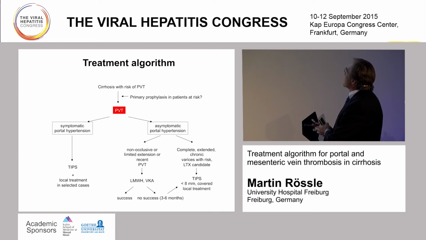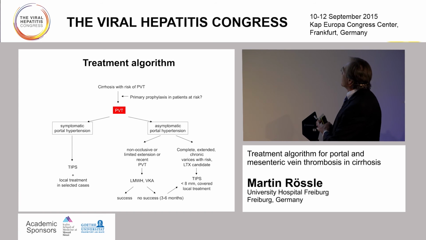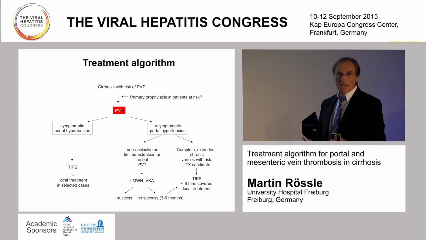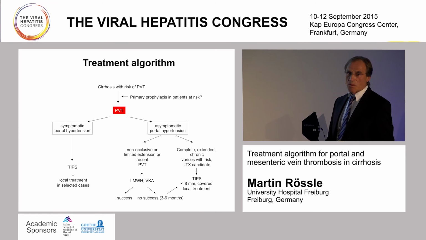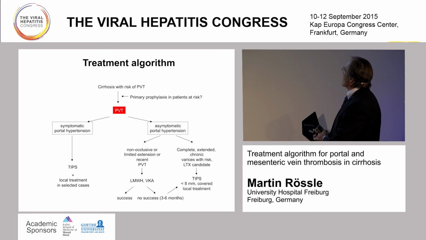If the thrombosis is complete, very extended, chronic, and there are varices at risk of bleeding, or the patient is an LTX candidate, I would prefer the TIPS implantation because anticoagulation is not very effective in these patients, and an LTX candidate must have a patent portal vein, otherwise he has a high risk of dying after the liver transplantation.